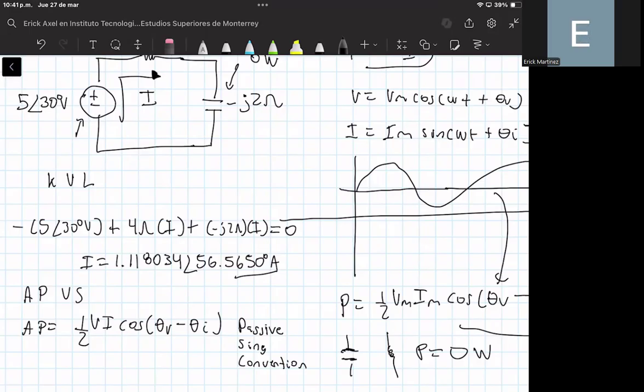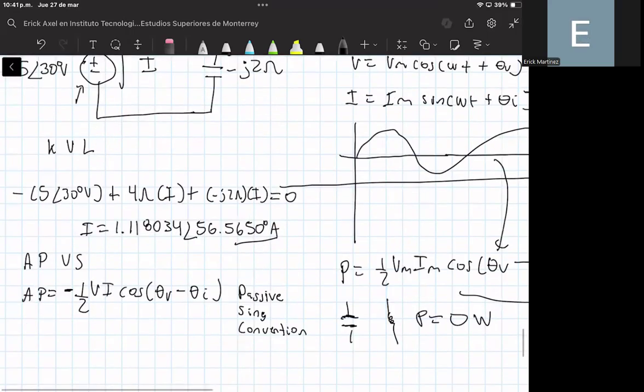Here the current is entering through the negative terminal, so we can say that this element is providing power to the circuit, and we will express that with a negative sign. So this negative sign is implying that this element is delivering or supplying power to the circuit.